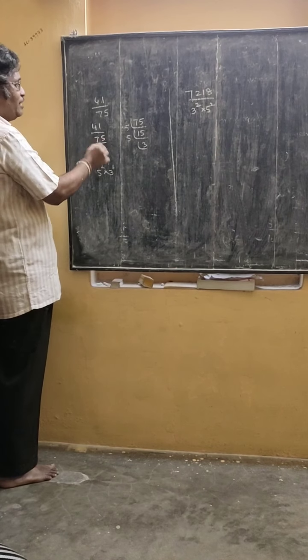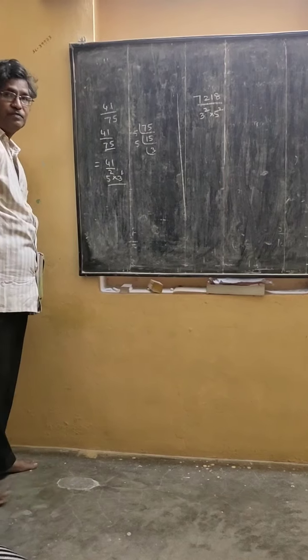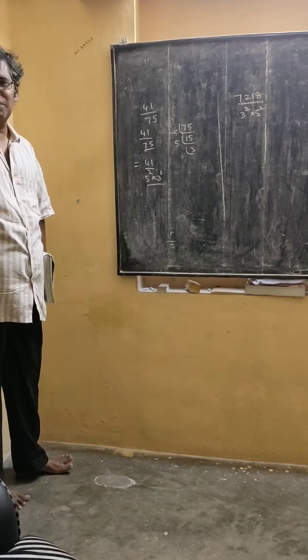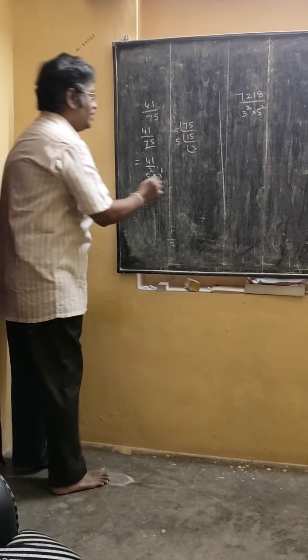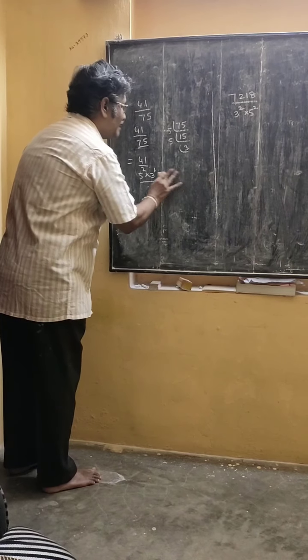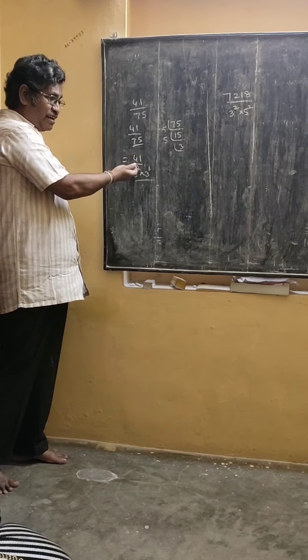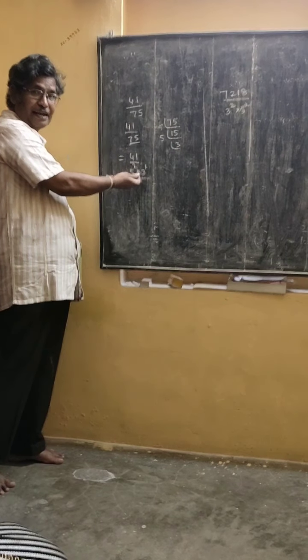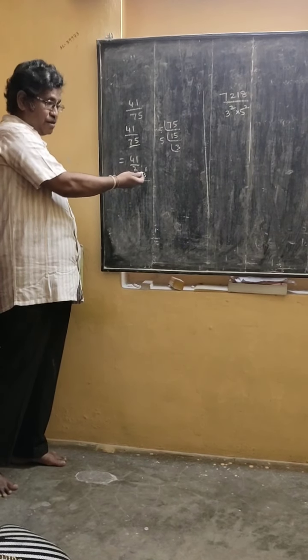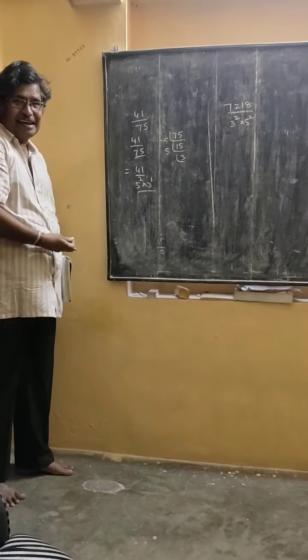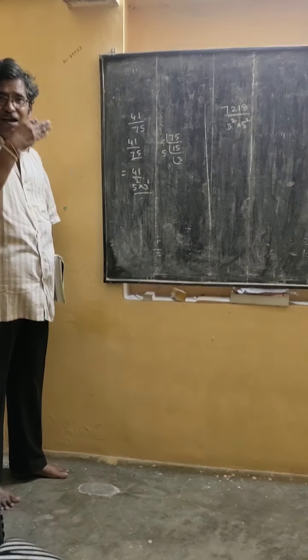So how can you write the q here? 5 square into 3 power 1. Is q in the form of 2 power n into 5 power m? 5 power is there, but 2 is not there. 3 is there. So what can you say?